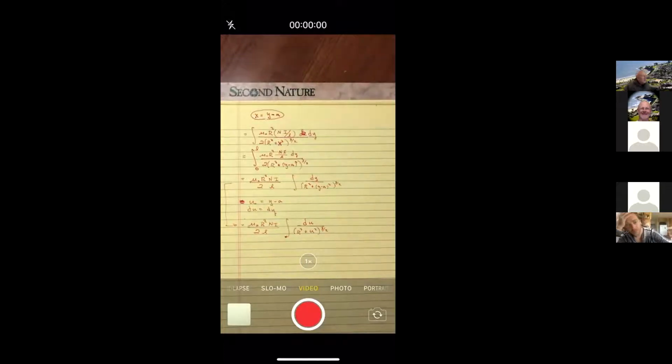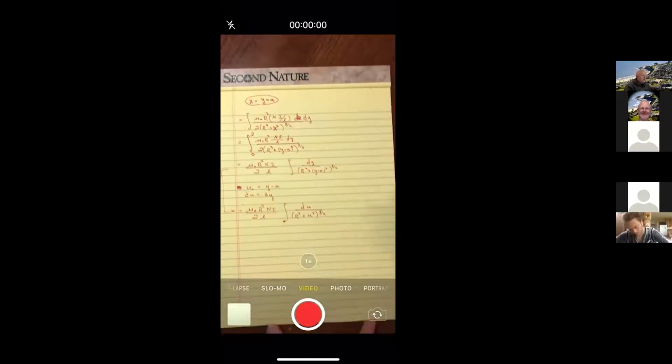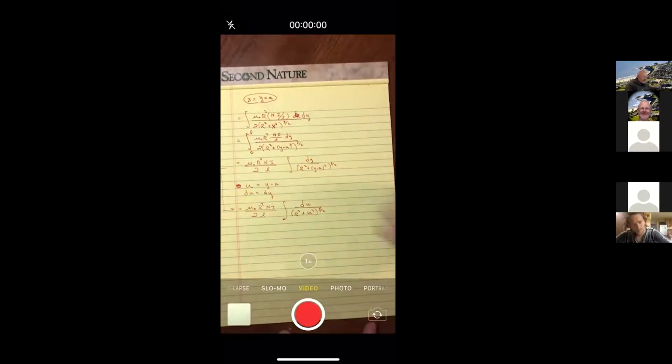So I wouldn't call this a u sub solution, although I did do a u sub just to make it look a little nicer. But in this format, this looks like a trig sub. This is one of those trig subs that we've done many, many times.